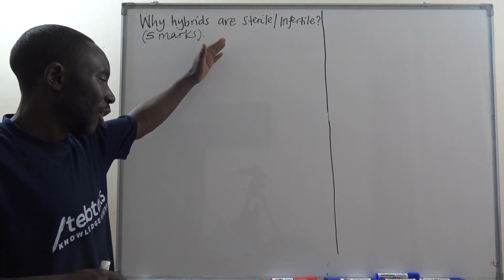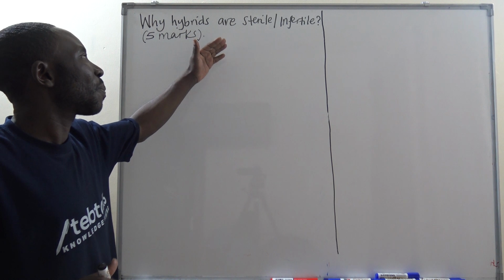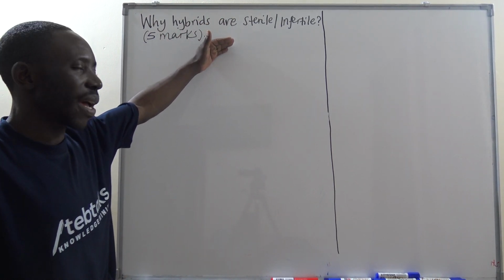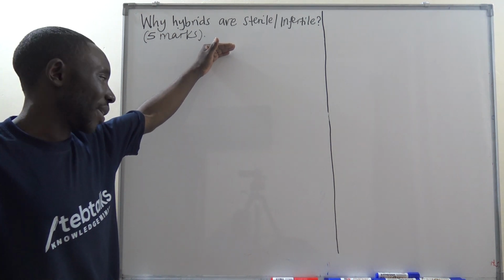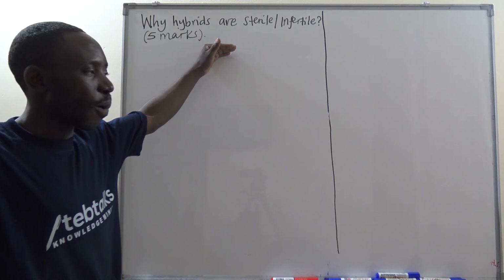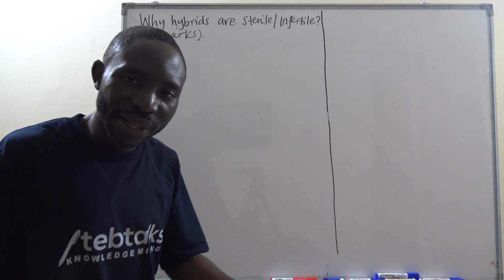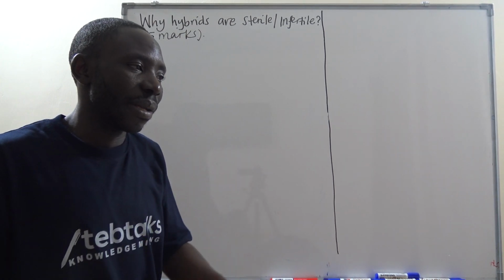In this video, we are going to see specifically why hybrids are sterile or infertile. A question is normally asked, requiring scholars of biology to explain clearly why hybrids are sterile.